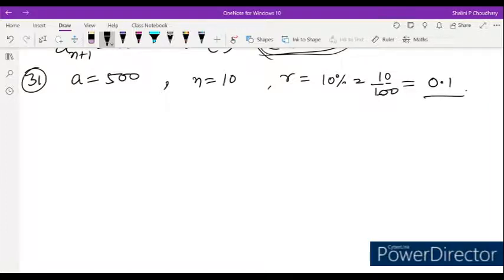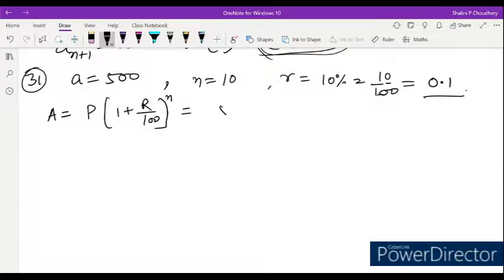Now what we have to do is find out A, that is the total amount. The question is, after its deposit in the bank, which pays annual interest, what will be the total amount? So the amount will be equal to, we'll apply the formula of compound interest, that is P into (1 plus r upon 100) to the power n.